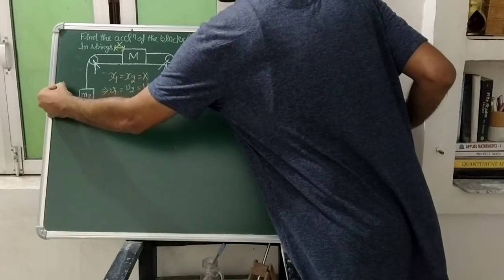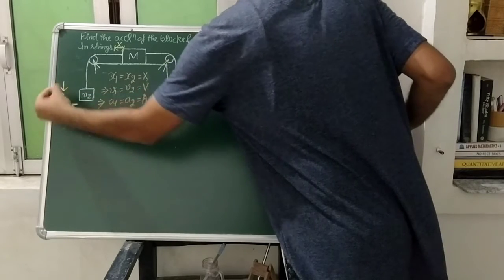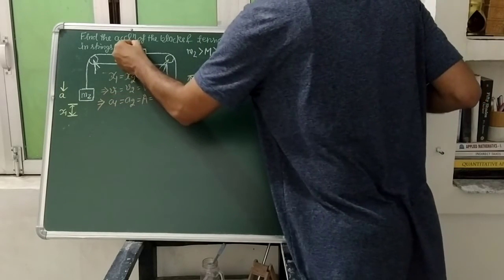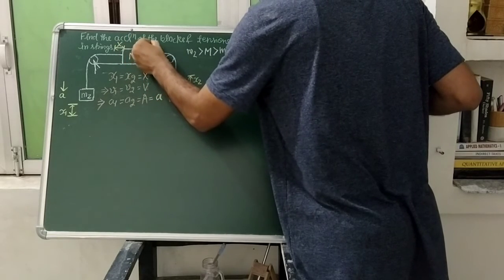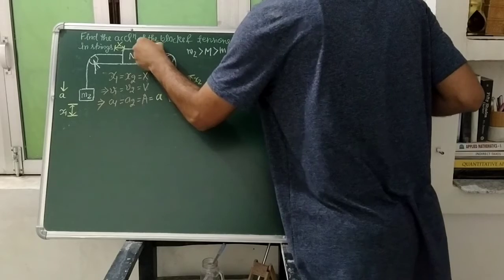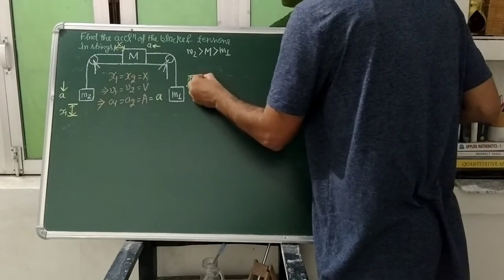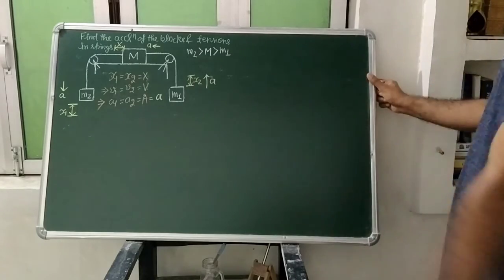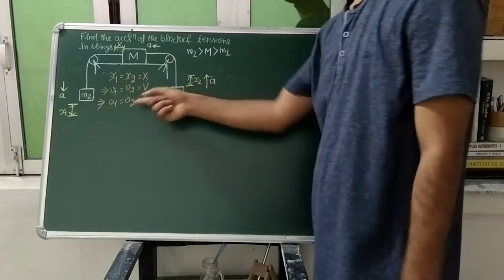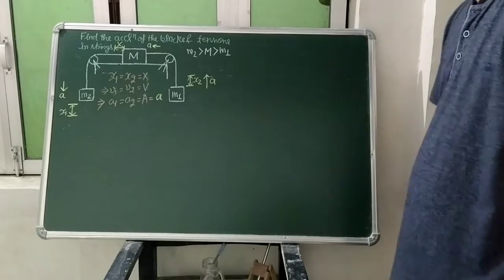It is moving with A acceleration in this direction, and this is going to move with the same acceleration in this direction, in the anti-clockwise direction, because you are getting the signs the same.